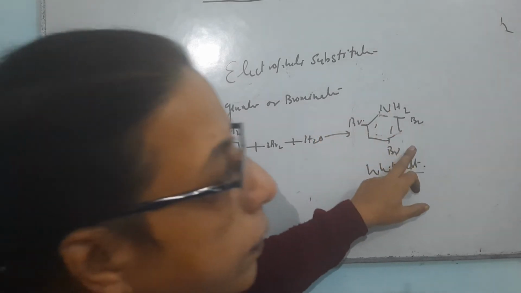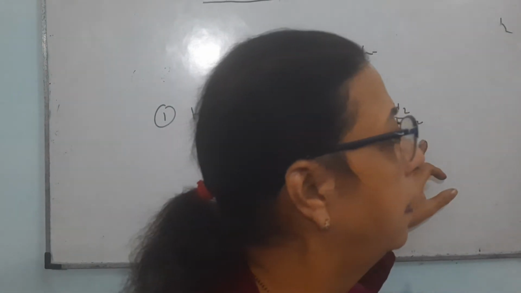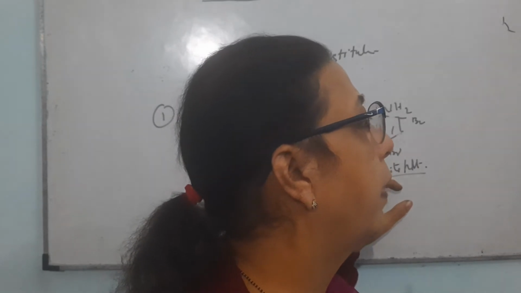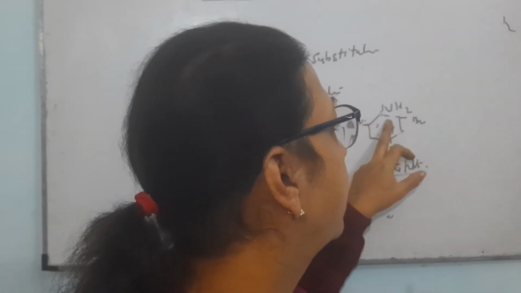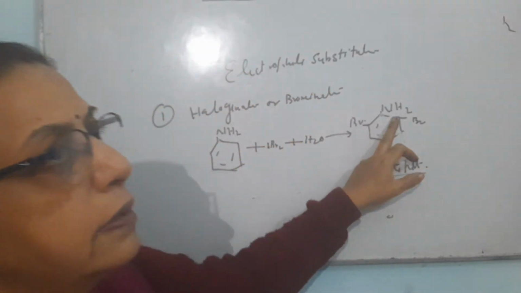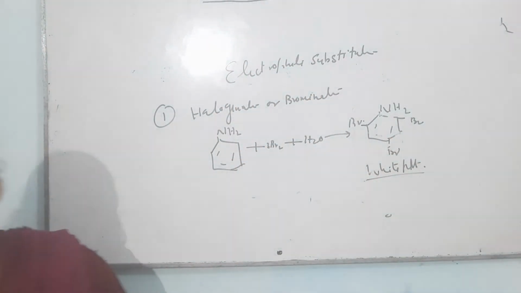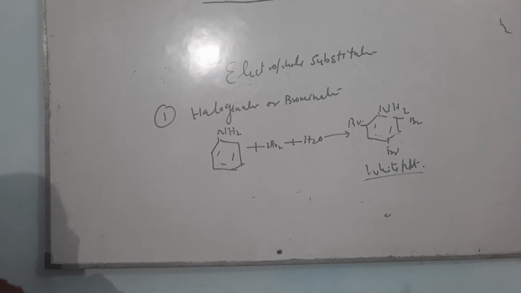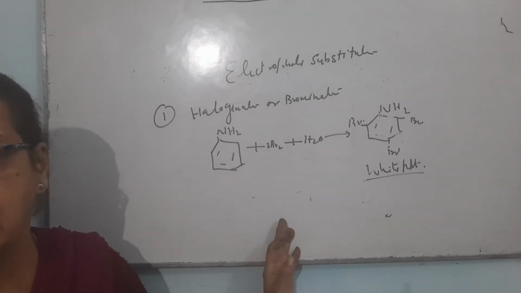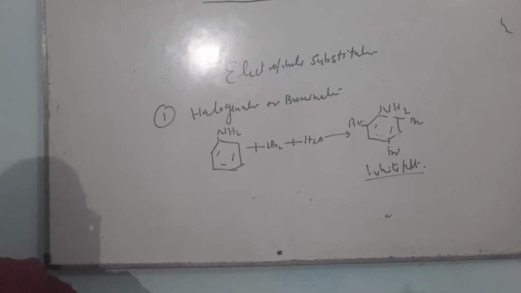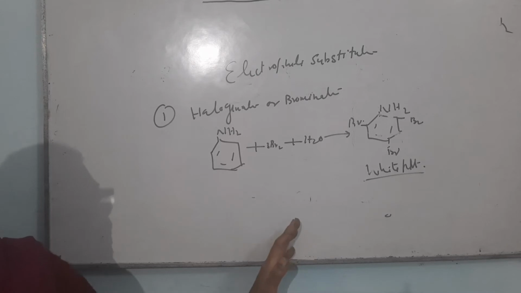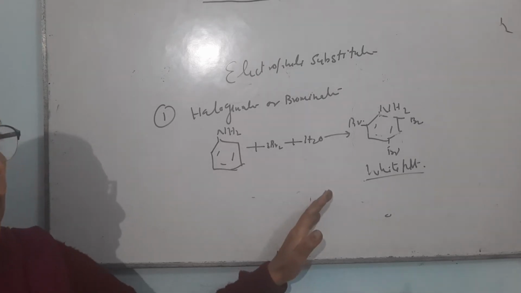Now suppose we want to obtain a mono-substituted product. For obtaining a mono-substituted product, this aniline should be protected. This aniline should be protected by using acid anhydride, always in the presence of pyridine.